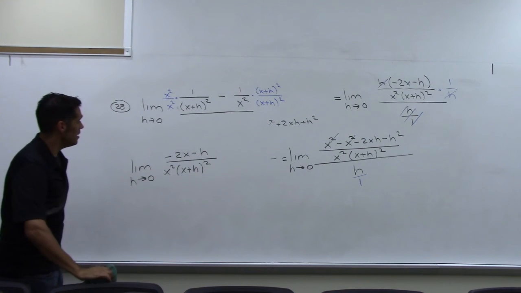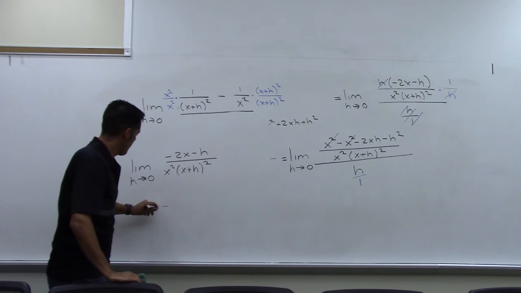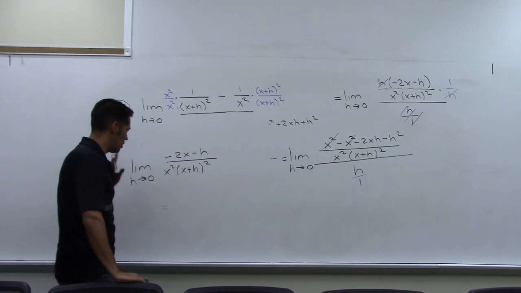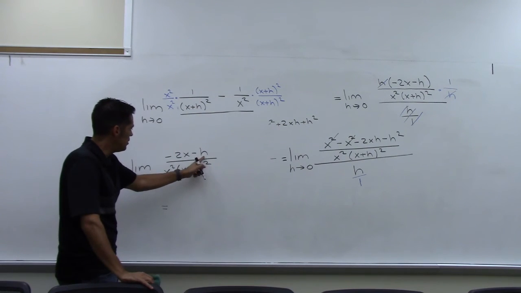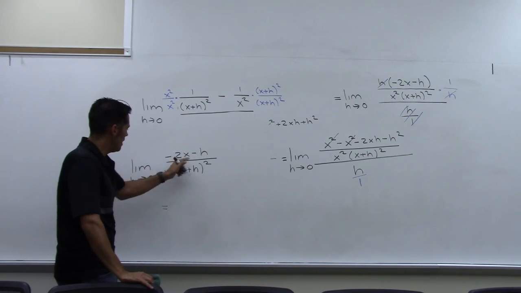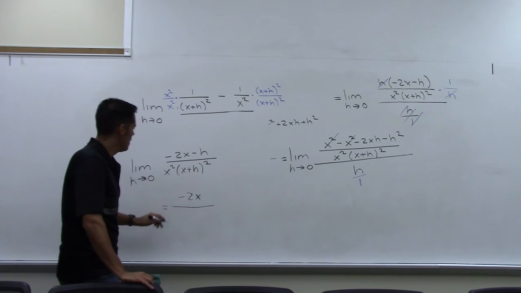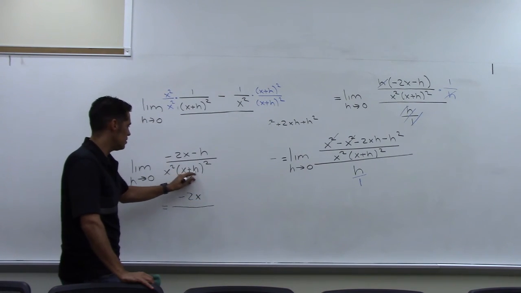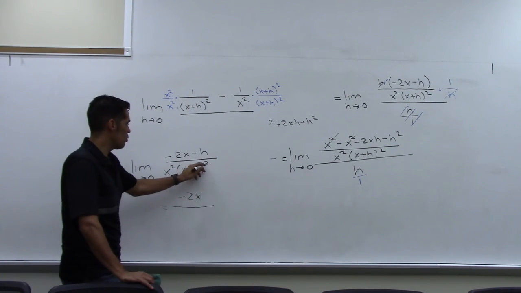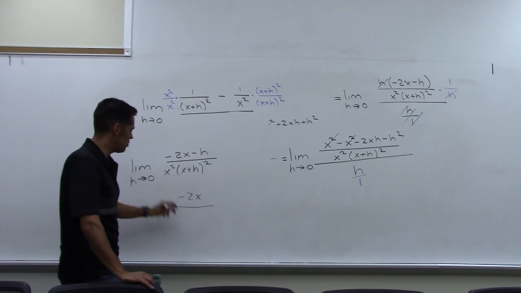So now let's let h go to 0. Notice I'm not going to write the limit anymore because I think things are going to be good. h is going to be gone. That's negative 2x over, this is gone, right? This is gone right here. So we just have x plus 0. That's just x squared, right? x squared times x squared is x to the 4th.